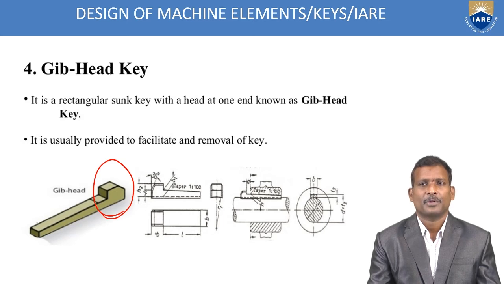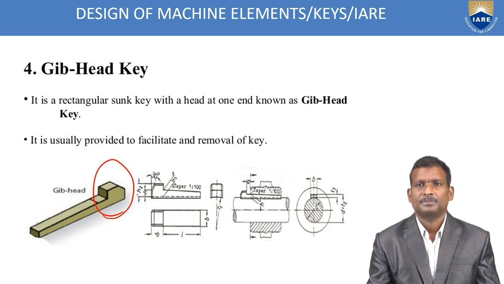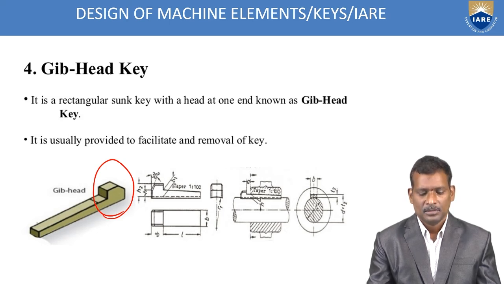It is usually provided to facilitate removal of the key, so it is easy to remove. That's why this head is in the form of a gib. The dimensions are shown in this.